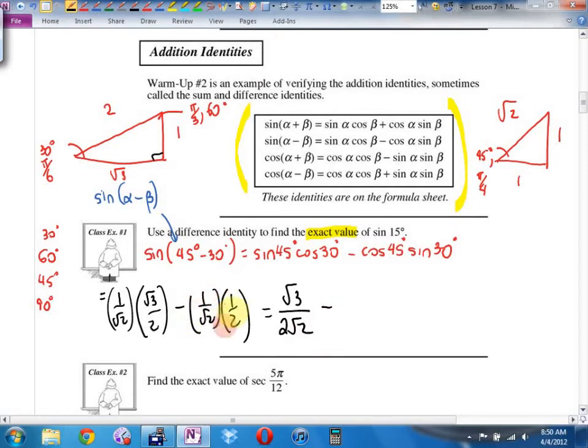When I multiply these two fractions together, what am I going to get on the top and on the bottom? Oh, do I have a common denominator already too? Heck, let's write it as 1 fraction. It's a common denominator. Why not? This is going to work out to root 3 minus 1 over 2 root 2. That is actually the exact value of the sine of 15.